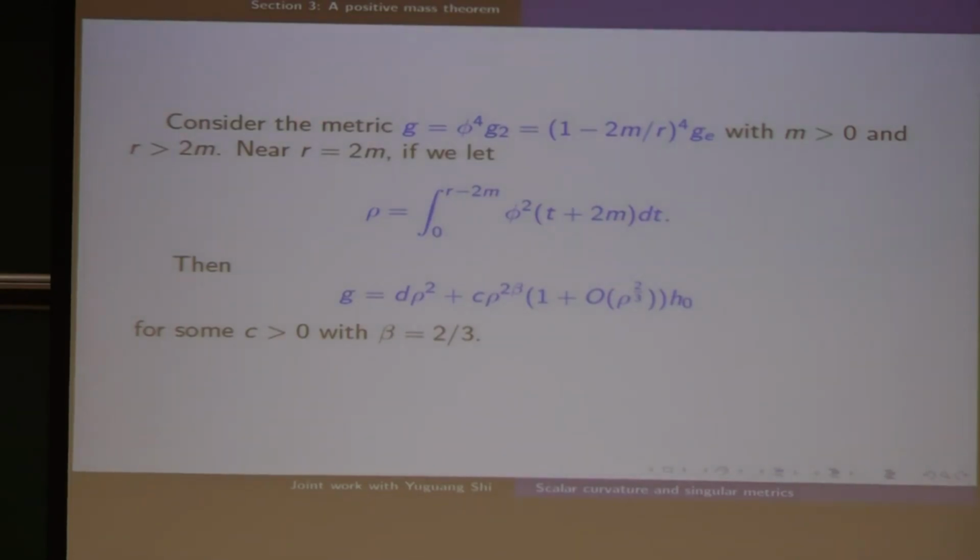So up to now, I still don't know how to handle the general case because it's quite interesting to see if we have a cone singularity in a more general sense, not like this. Okay, under what condition can we get a positive mass theorem? Okay. Maybe I stop here. So, thank you.